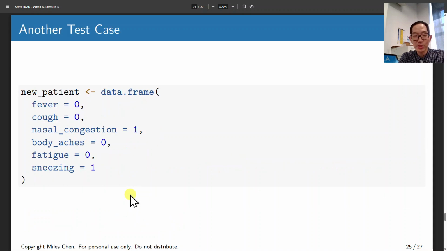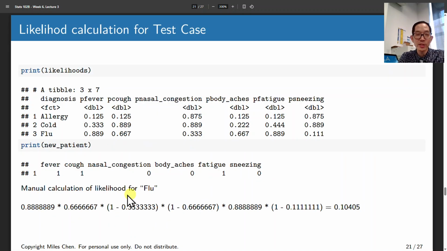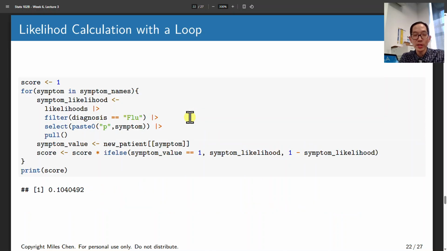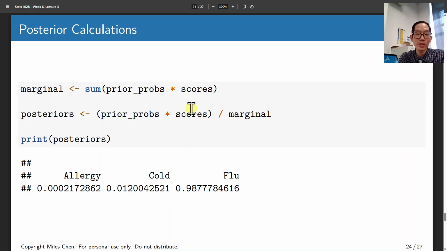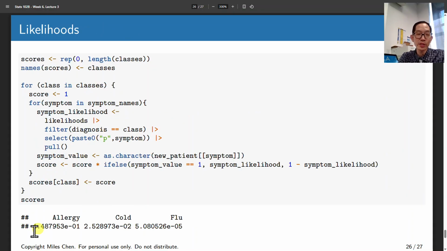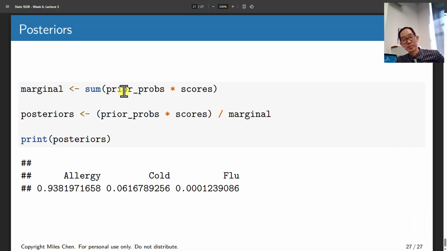Again, we're just taking the product of each of these things. If they don't have it, we do 1 minus this probability, and if they do have it, we do 1 times that probability. When we do that, these are our likelihoods.